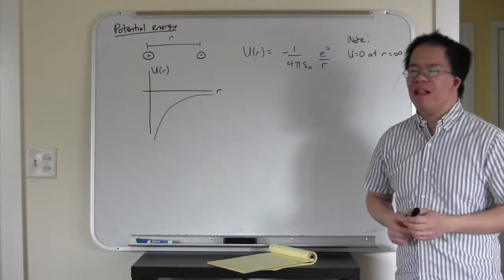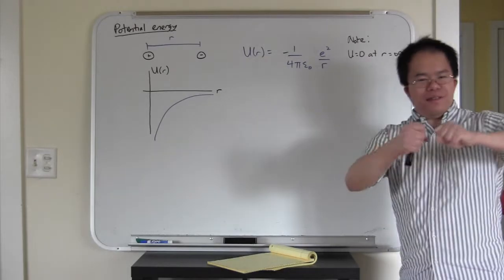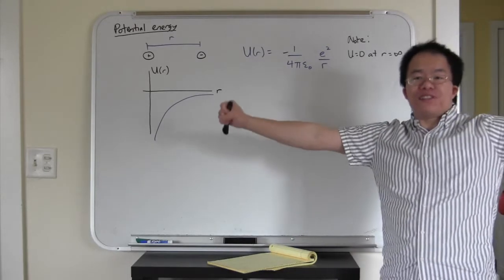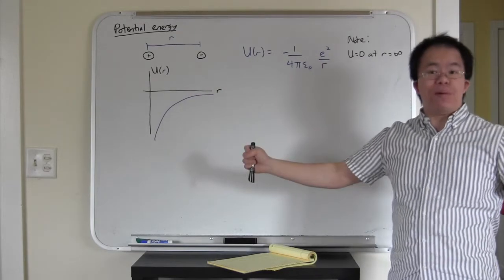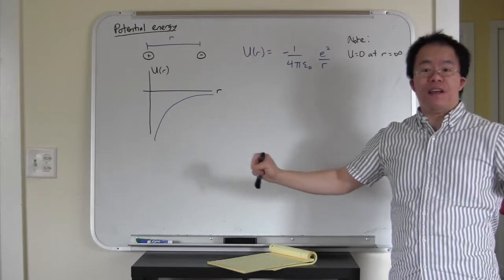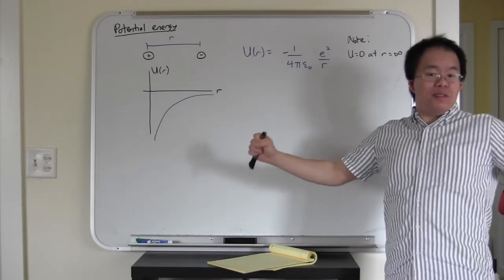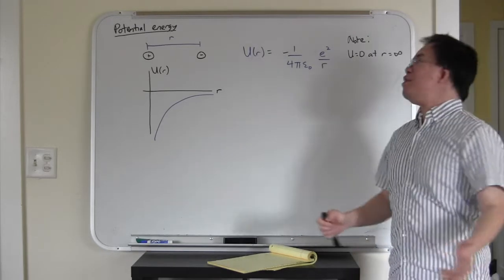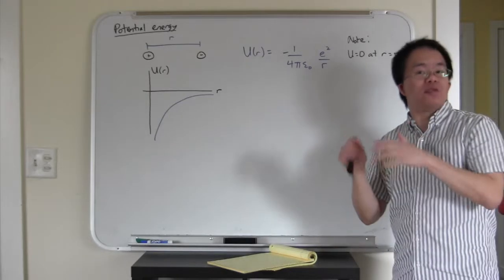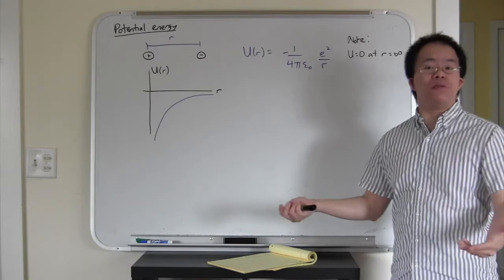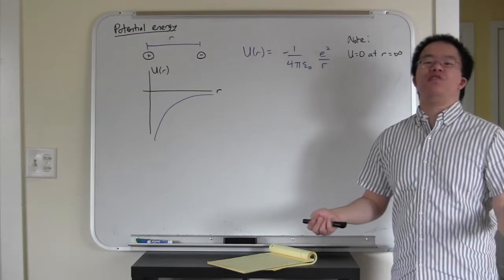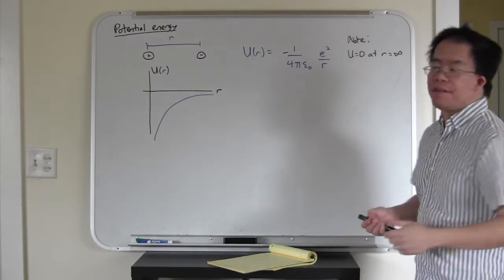You know that in electrostatics, Coulomb's law says that the force between two charged particles goes to 0 as r approaches infinity. So at infinite separation, you have no interaction. Since we associate potential energy with an interaction, it makes sense to set U equals 0 where there is no interaction, in other words, at infinity.